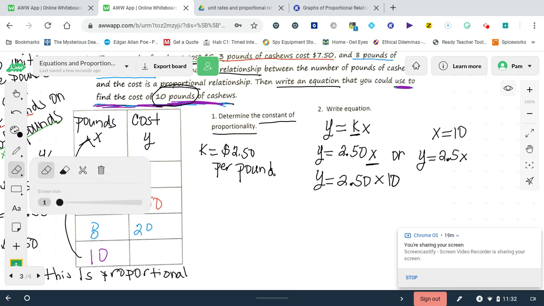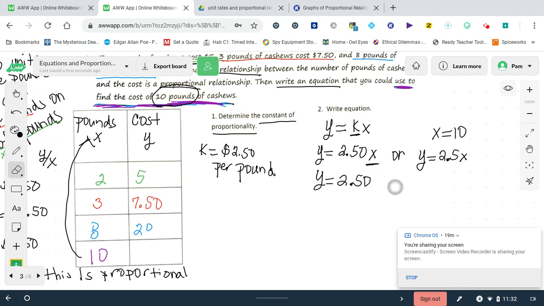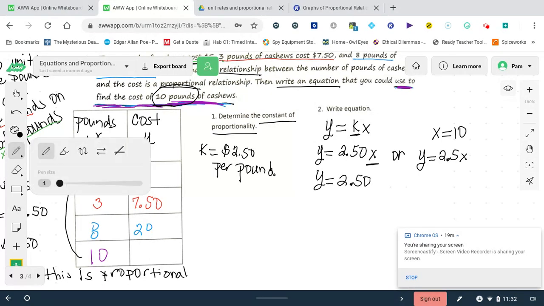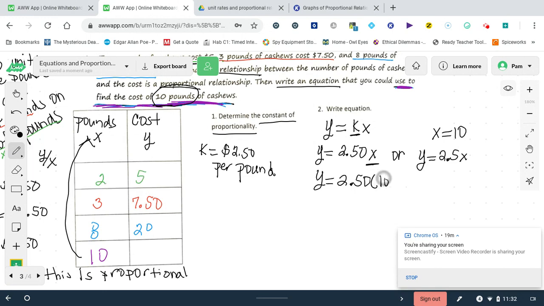Some of y'all will do it. I'm going to mash them together. Basically, when you multiply, you can just push this decimal one place over since it's by a multiple of 10. So basically, you're looking at 25. Well, 25 what? Well, 25 is talking about cost, so I'm going to put a dollar symbol on it. It's going to cost $25 for 10 pounds of cashews.